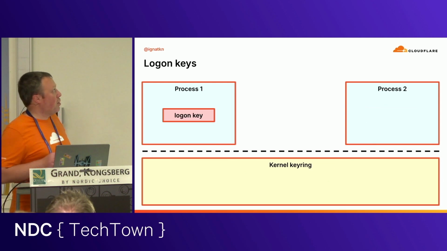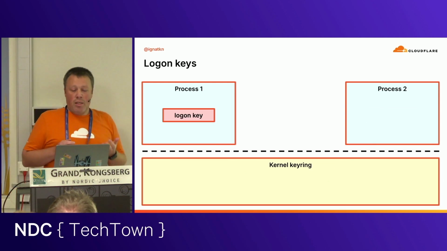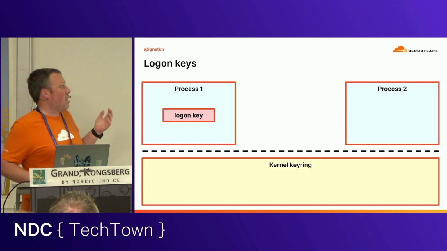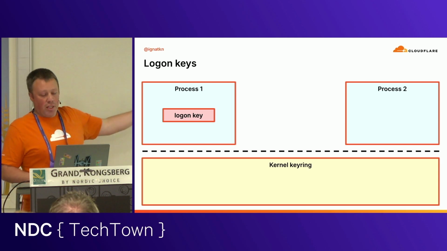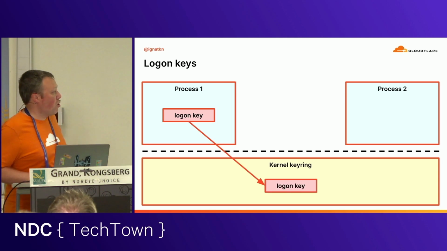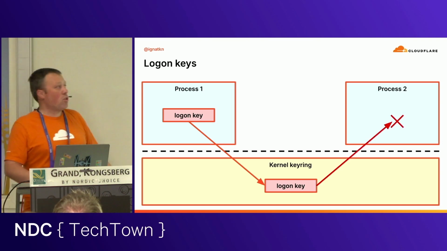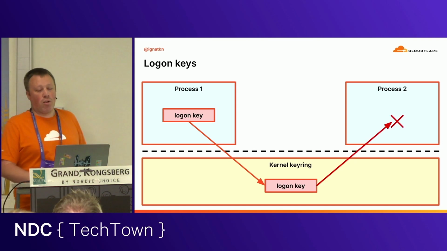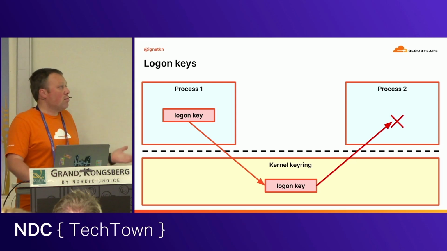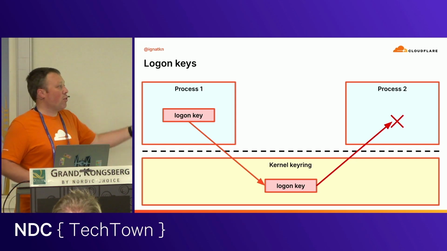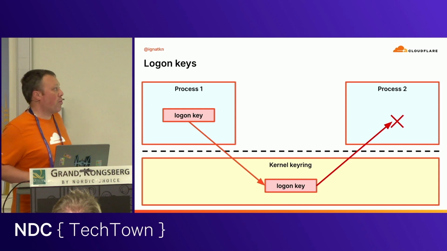There is another key type called the logon key. The logon key starts the same way: a process has a secret and puts it inside the kernel. But the difference from the user key is that once it's inside the kernel, nobody can read it back at all. Even if you have access, you can never read this plain text material back from the kernel.